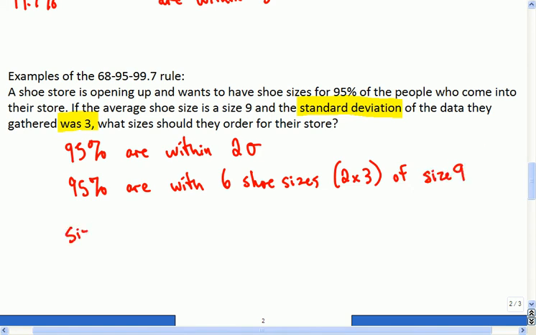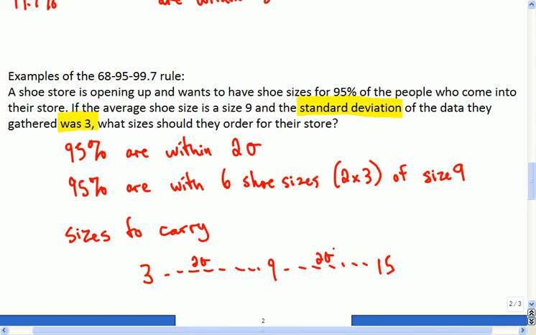So the sizes we'd carry, I'm going to write it like this. It's going to be a 6, it's going to be a 3, to a 15.